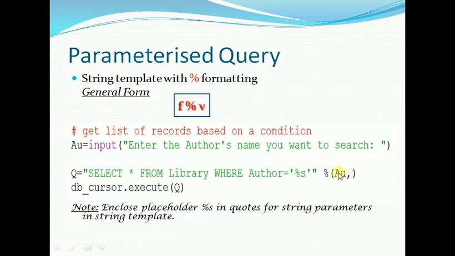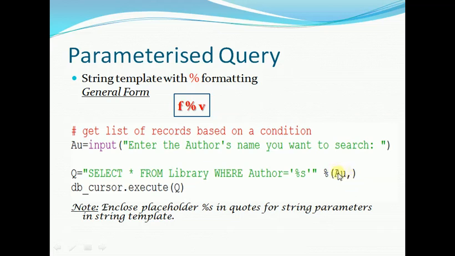AU can't be given like this, so I am making it a tuple by enclosing it within brackets and also putting a comma. This is a tuple with only one element, that is why I put a comma. Otherwise it becomes a string. To convert that, I am using this comma here.